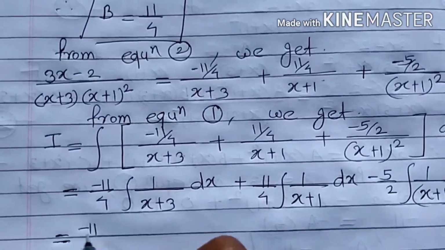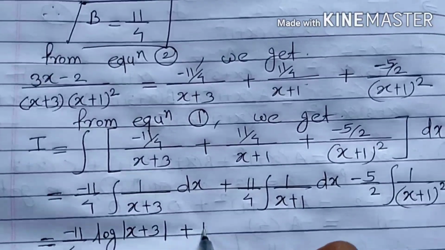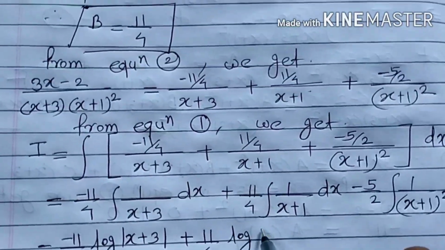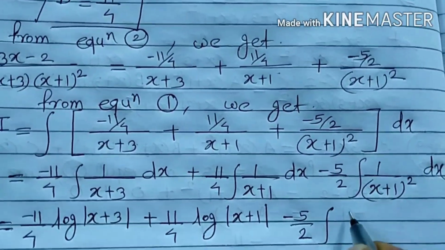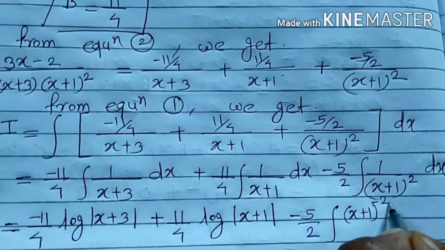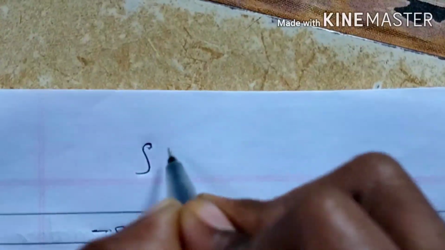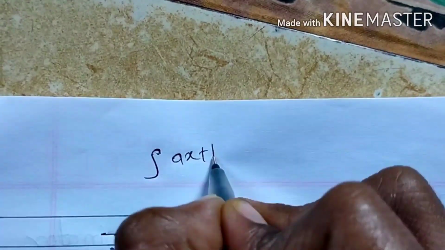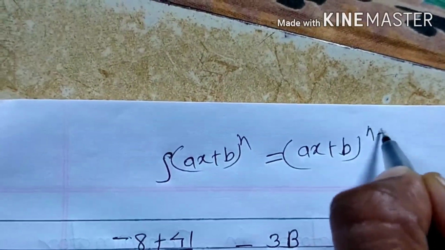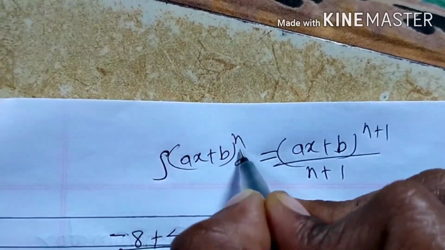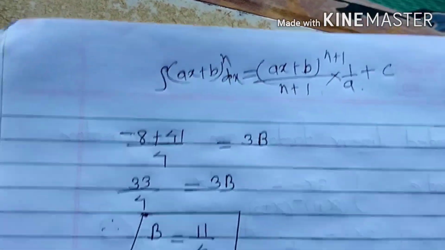So it is minus 11 upon 4 log of x plus 3 plus 11 by 4 log of x plus 1 minus 5 by 2 integration of x plus 1 raised to minus 2 dx. We know that integration of ax plus b raised to n is equal to ax plus b raised to n plus 1 upon n plus 1, into 1 upon a, plus c. So this is the integration of this.